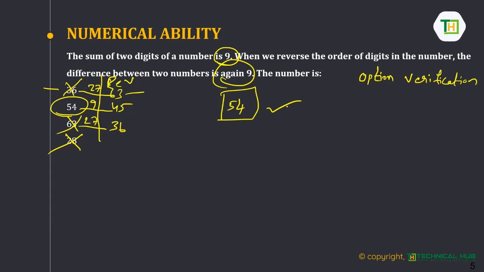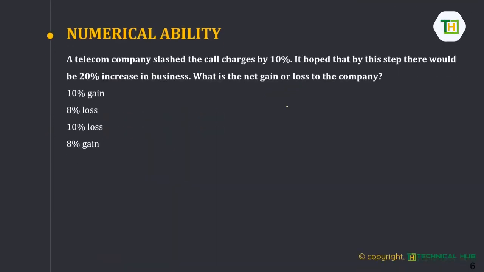Next question. A telecom company slashed the call charges by 10%. It hoped that by this step, there would be a 20% increase in business. What is the net gain or loss to the company? Here, slashed means decreases.